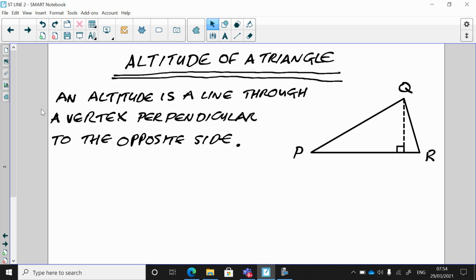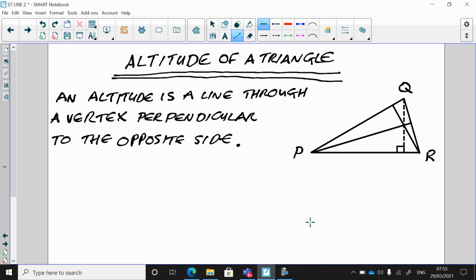I just sort of showed you before, we've actually got 3 altitudes. So if I come from P, I'm just trying to put that, does that look like a right angle? Maybe that's not a right angle there. And if I come from R and go up there, that looks like a right angle.